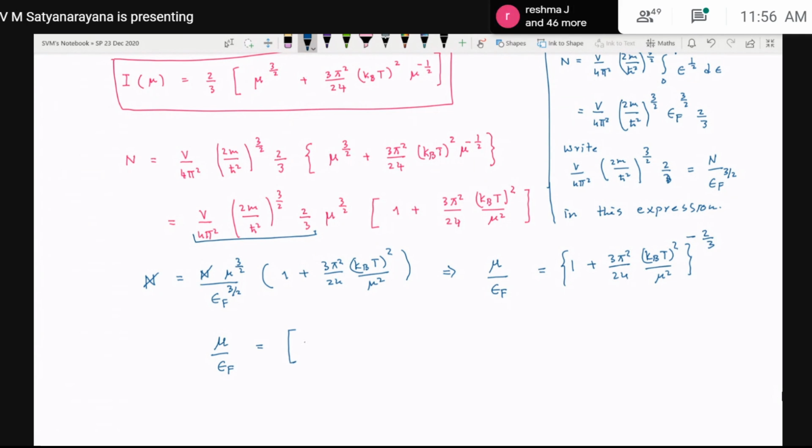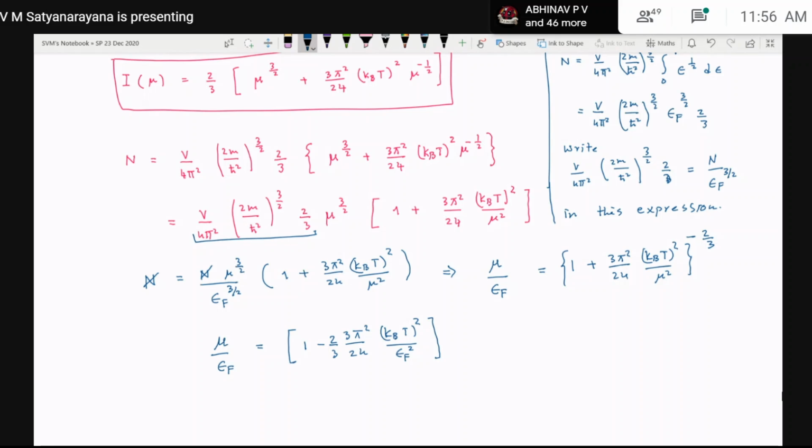Now the second term is a correction, and this is valid because kBT is much smaller than epsilon f. So I can write this correction term with mu as epsilon f, and then write this as 2 by 3 into 3 pi square by 24 into (kBT) square by epsilon f square.